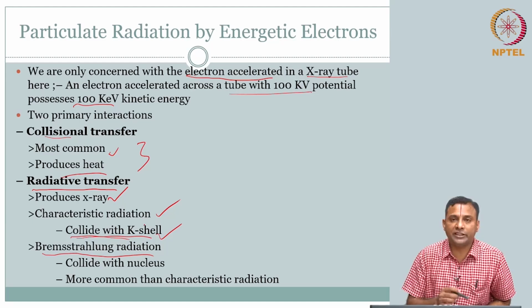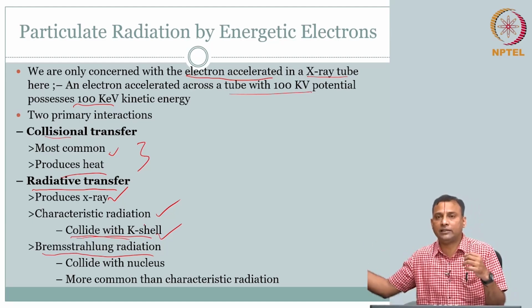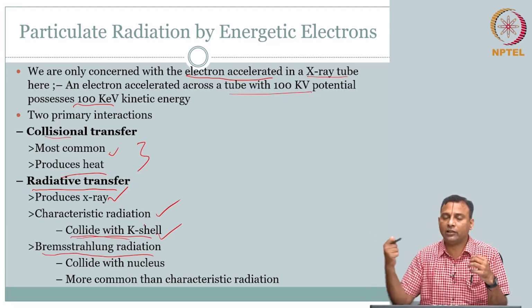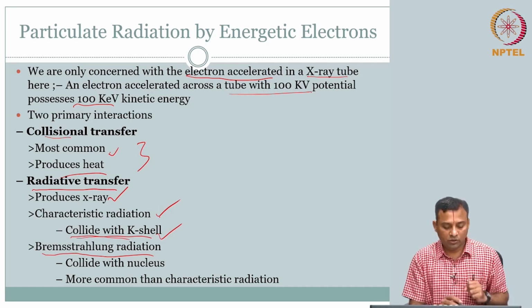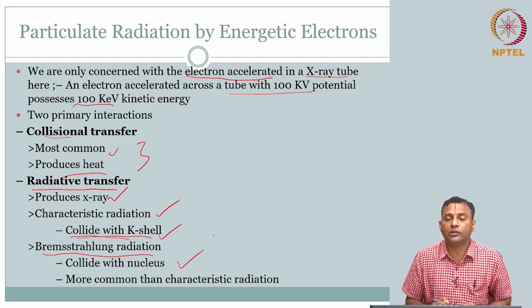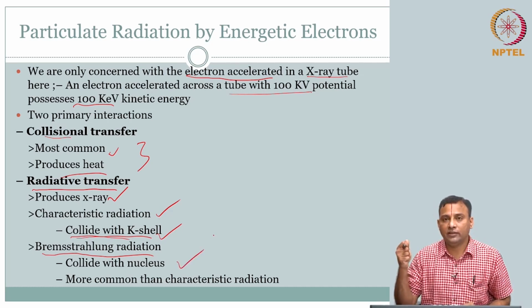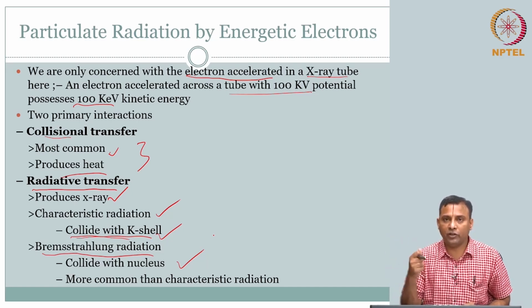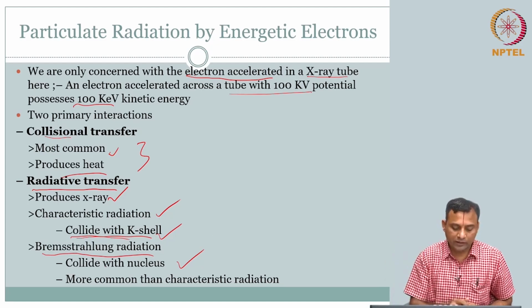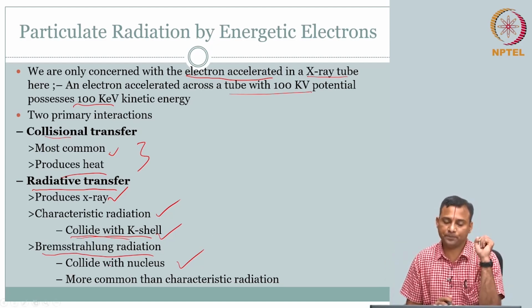We were talking about the K shell, that is electrons. So when a charged, high energy electron interacts with the electron cloud, there is also a nucleus, right? This one has to do with when the charged, energetic electron particle goes and interacts with the nucleus.